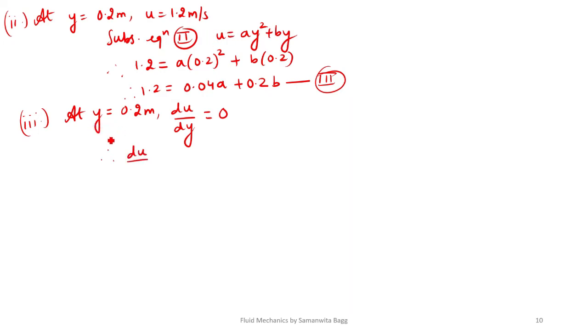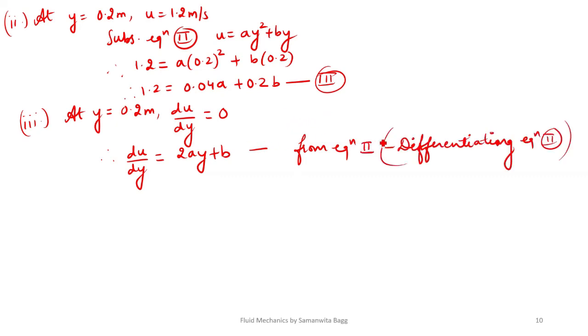This will be du by dy is equal to 2ay plus b. I am differentiating equation 2. So when I substitute, 0 is equal to 2 into a into 0.2 plus b. So this becomes 0 is equal to 0.4a plus b. Let's take this as equation 4.